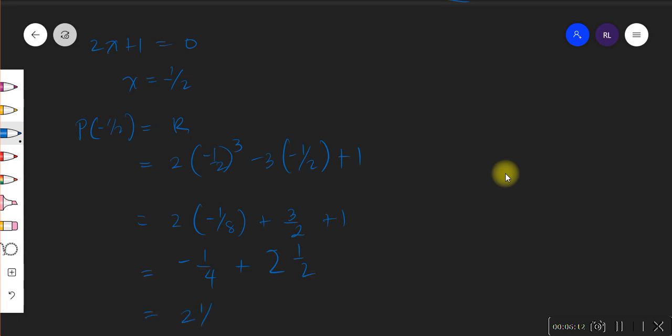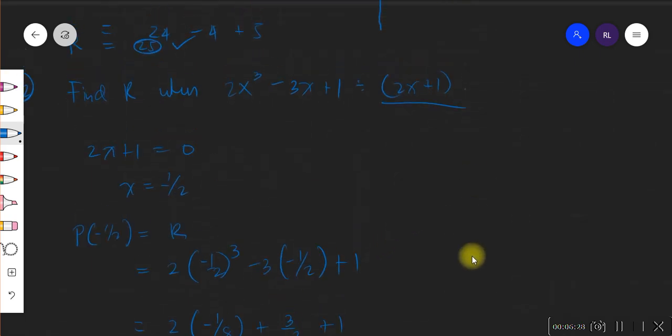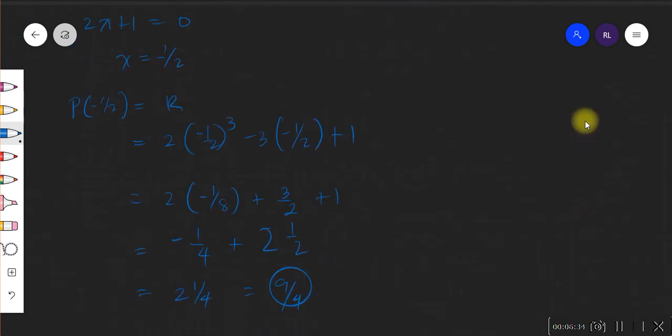Therefore, 2 and 1 fourth, or simply 9 over 4. So when we divide 2x cubed minus 3x plus 1 by 2x plus 1, the remainder is 9 over 4.